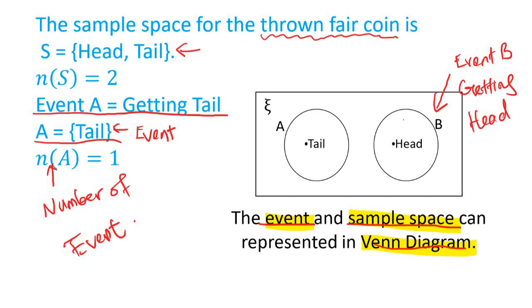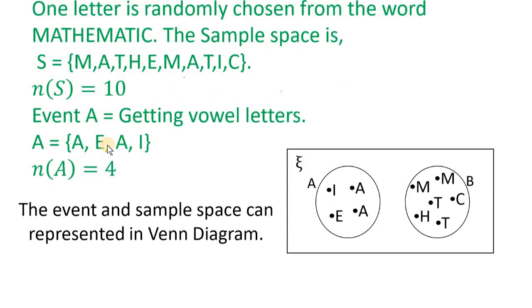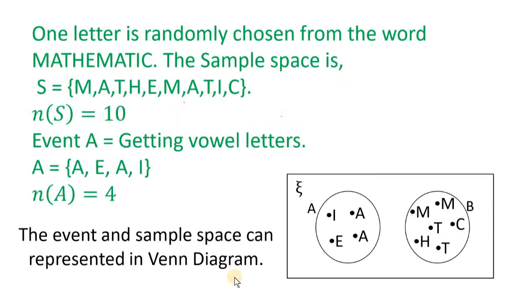Okay, so we're going to see next example. Okay, this is next example. Next example is a letter chosen from a words mathematics. So the sample space will be all the letter for the words mathematics.